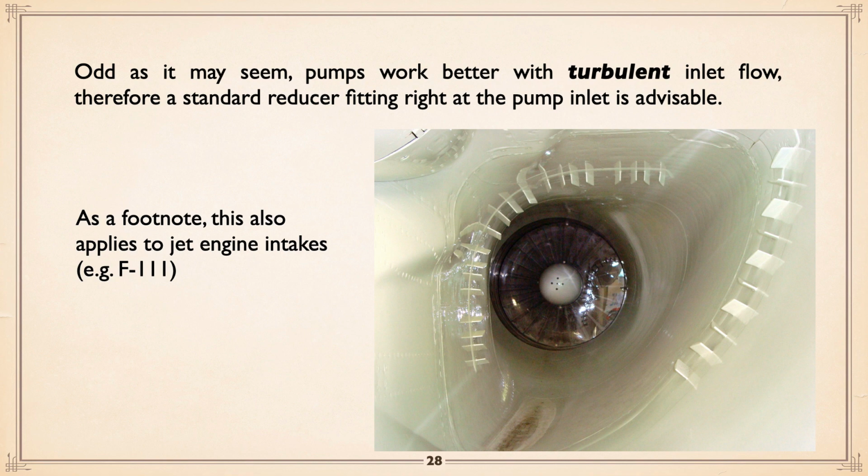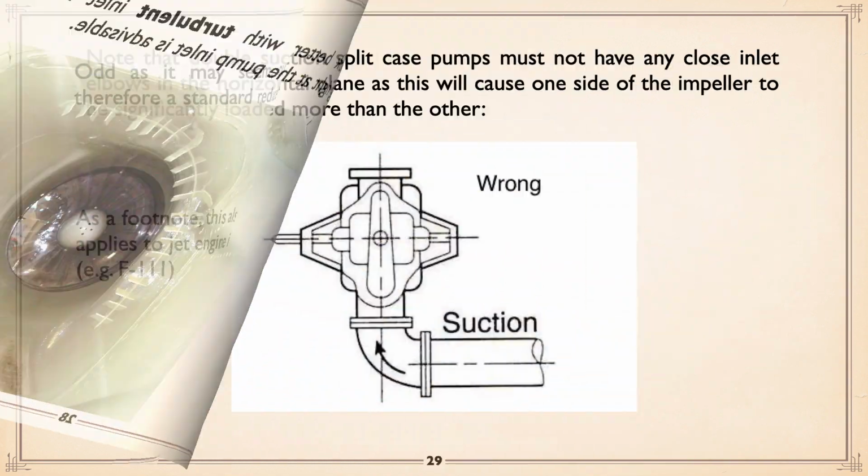Those generate turbulence. Basically, that's what they're doing, generating turbulence because they don't want laminar flow into the inlet of the engine. They want it to be mixed a little bit. And same thing with pumps. It is important, oddly enough, that it is not too smooth. We'll get into that later.